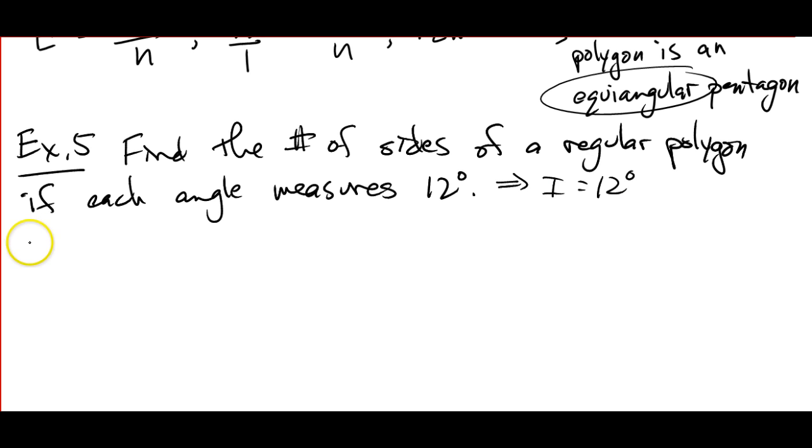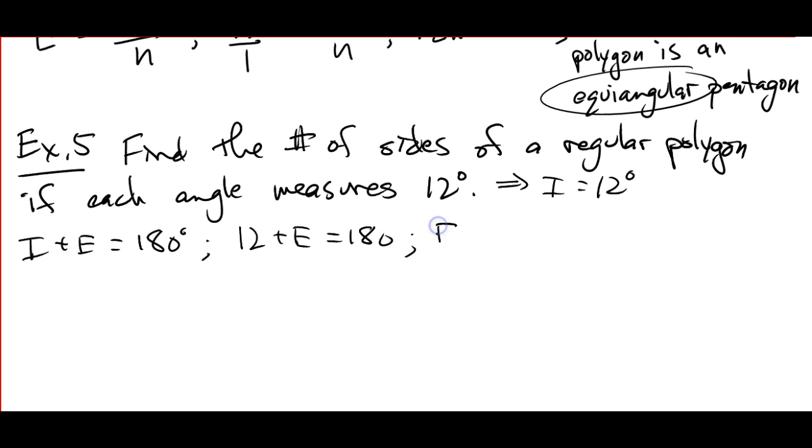Again, I like to work with E, so I know that I plus E is 180. An interior angle plus an exterior angle is 180. So 12 plus E equals 180, which means that the exterior angles all measure 168 degrees.